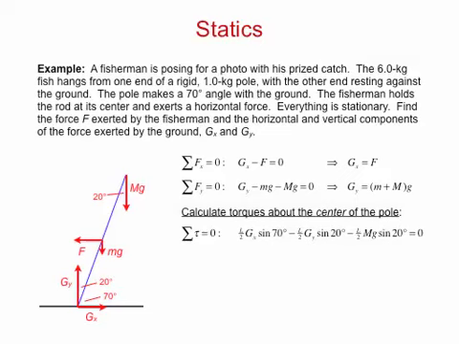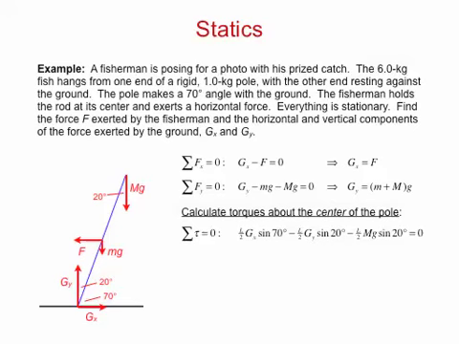So the net torque about this point is L over 2 times G sub x times sine of 70 degrees minus L over 2 times G sub y times sine of 20 degrees minus L over 2 times big M g times sine of 20 degrees, all equals 0.